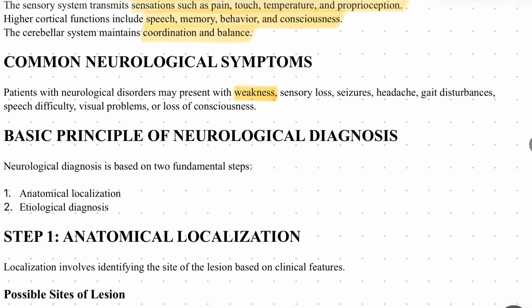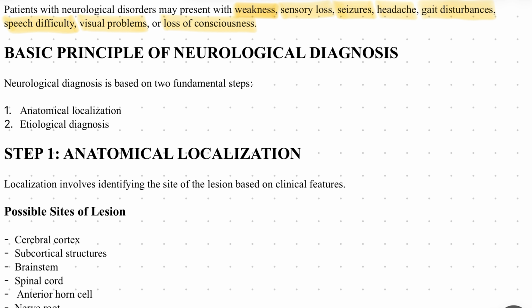So you have to ask the patient when it occurred. Don't worry, I'll be teaching you how to take the case also. Other symptoms are sensory loss, seizures, headache, gait disturbance, speech difficulty, visual problems, or loss of consciousness. Loss of consciousness is important when there is a trauma or sudden fall of the patient.